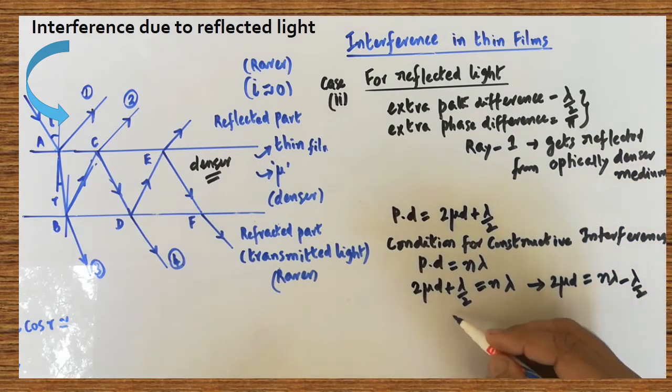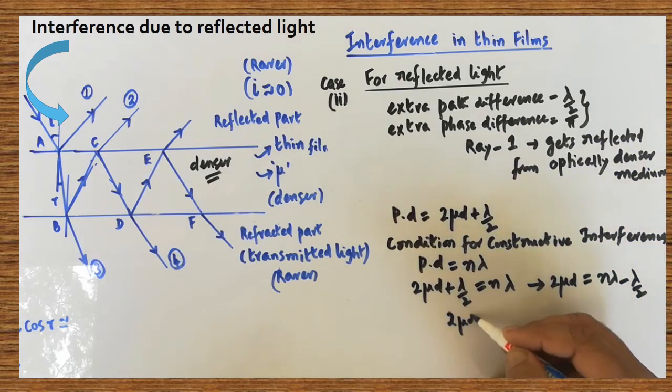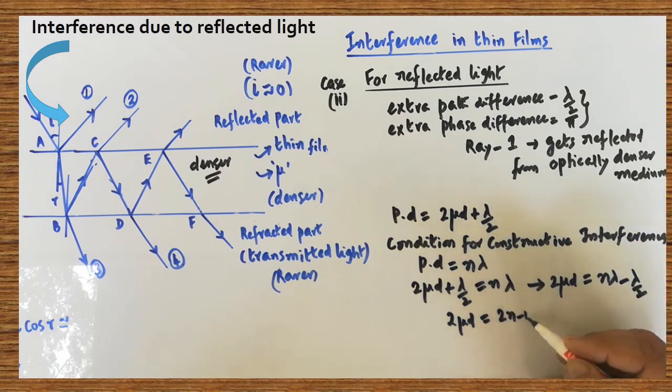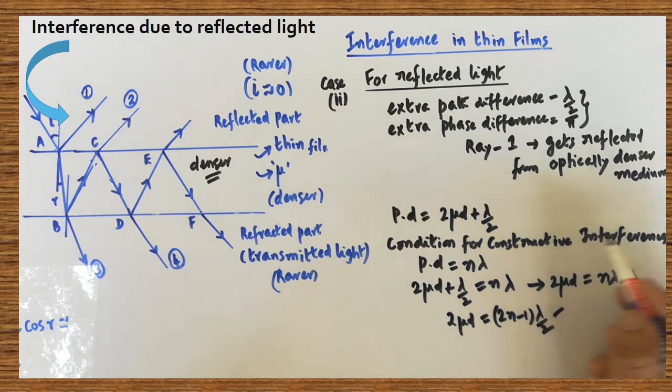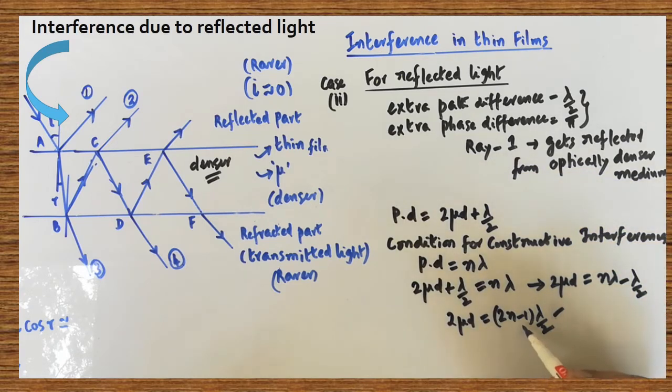So 2 mu d is equal to, simplified, 2n minus 1 lambda by 2. Now this is the condition for constructive interference. Make a note: in the case of Young's double slit experiment, if the path difference is 2n minus 1 lambda by 2, there you can observe the destructive interference.